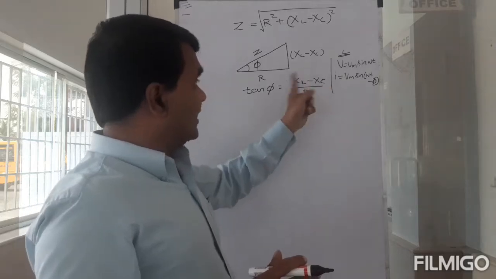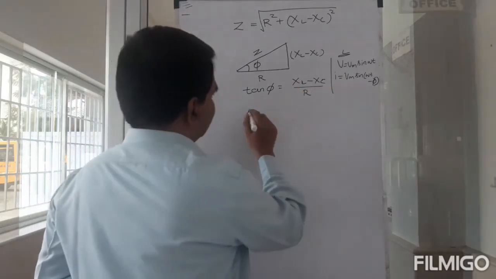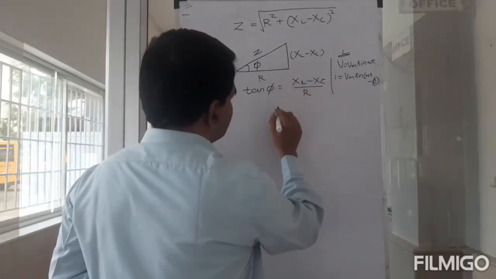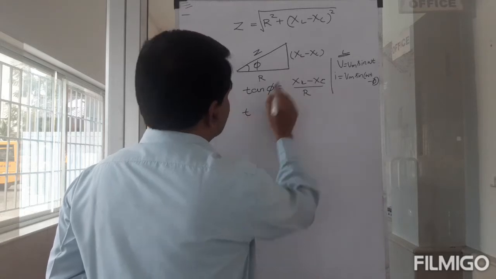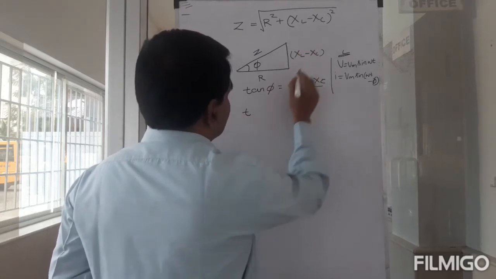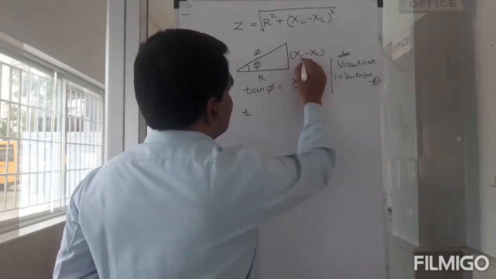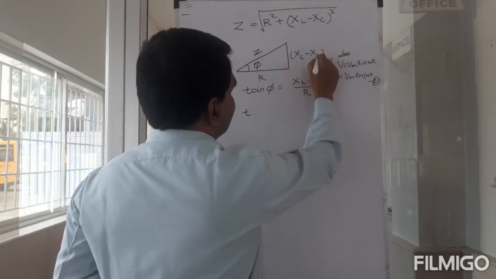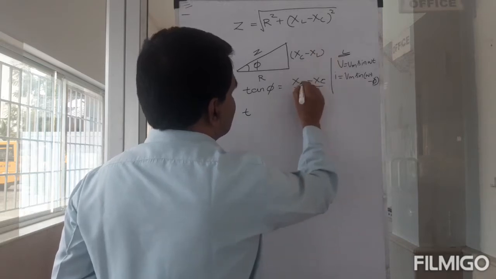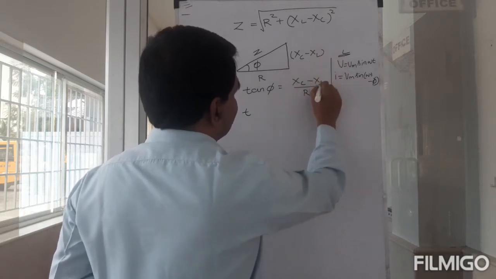Instead, if I choose XC minus XL, then I take this as XC minus XL.